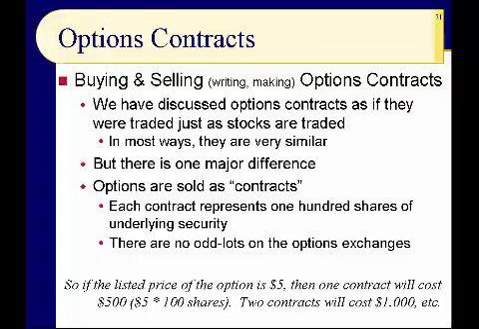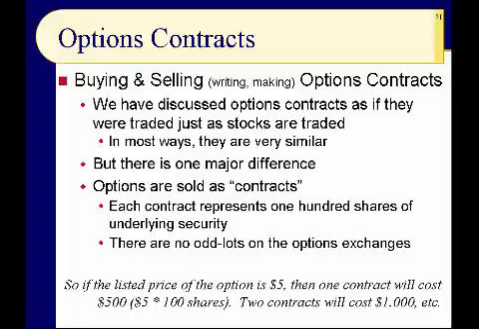So whether you're buying or selling, another word for that is writing, we have discussed them as if they were traded just as stocks are traded. Well, in most ways they are very similar, but there is one major difference that we have not discussed.